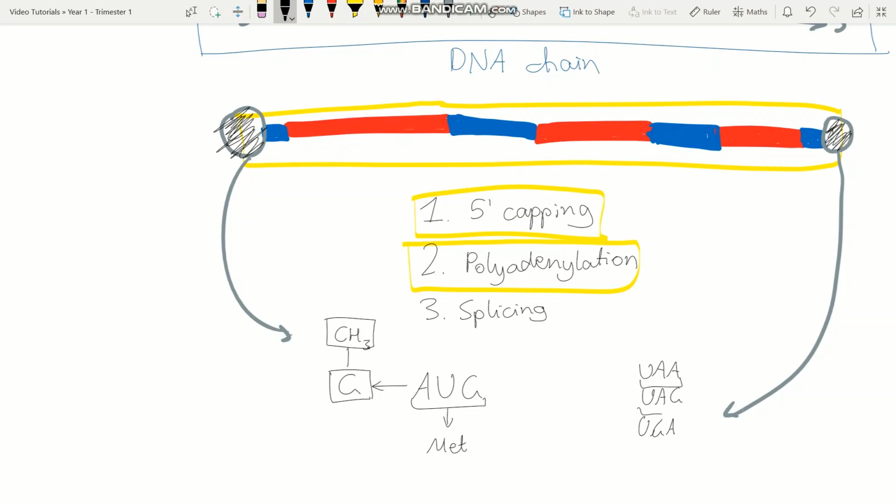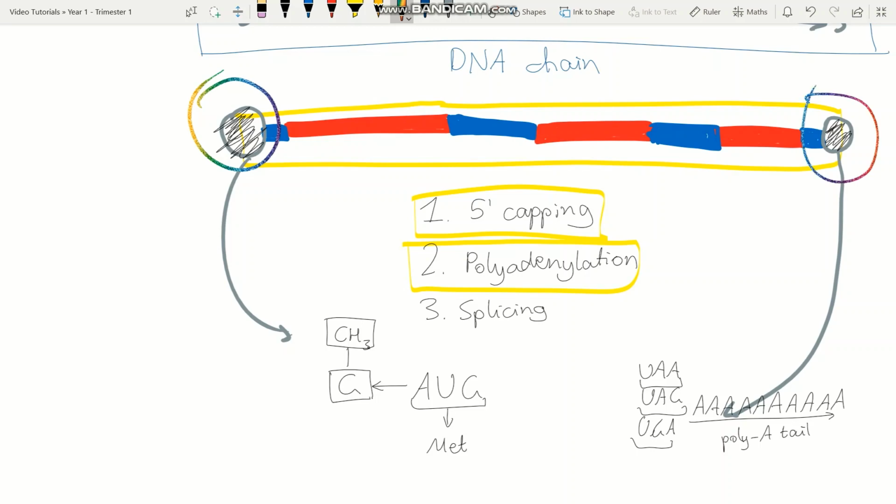After any of these 3 sequences, we can have a long string of adenine groups, and this can be in excess of 125 nucleotide bases in a long chain, what we call a polyadenine trail or tail, or poly-A tail. And this also allows for stability of our RNA molecule because essentially as it's capped on both sides now, it's sort of like being protected on both sides and it's able to be transported in a better manner.